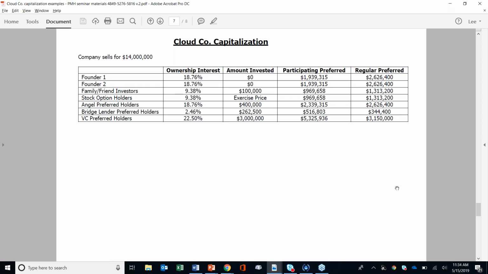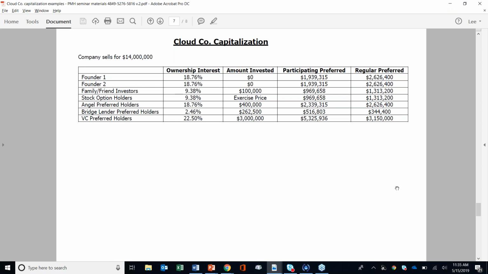You deduct that $3.625 million from the $14 million, and you pay that to those preferred holders. And so that's about, let's just round that to $4 million. That leaves a little bit over $10 million left to distribute to the stockholders. Then the VC preferred holders get 22.5% of that as well. So that is why they go from $3.15 million to $5.325 million.